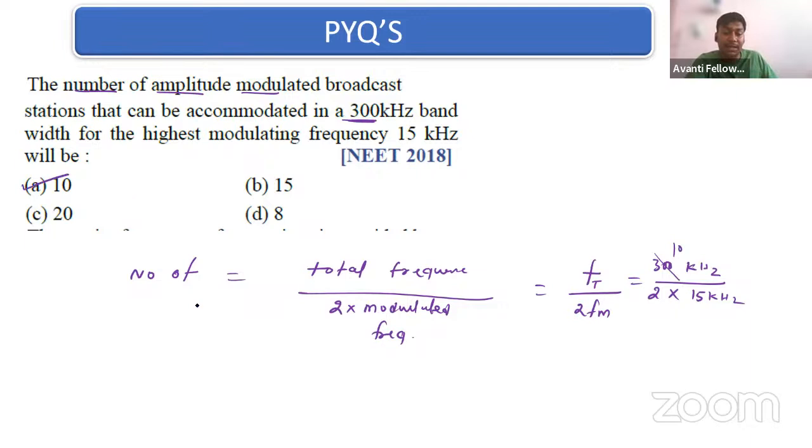So write this formula: number of antennas, you can say number of amplitude modulated broadcast stations, that will be the same. This is equal to the total frequency produced by all the stations divided by the modulated wave frequency. Okay, this will be the final of this question.